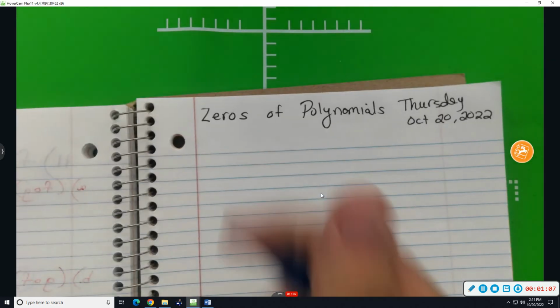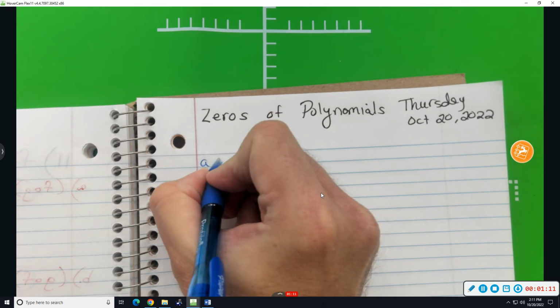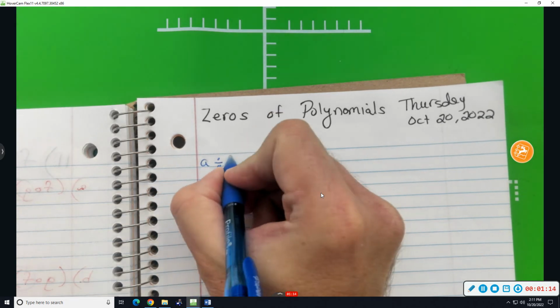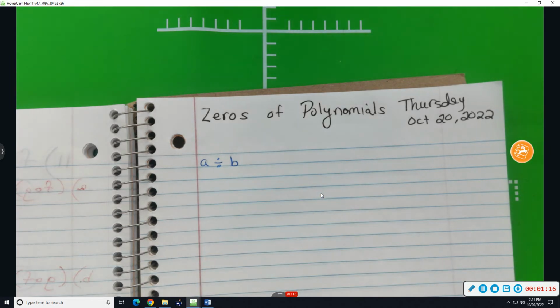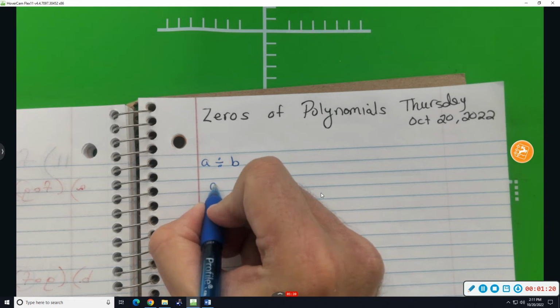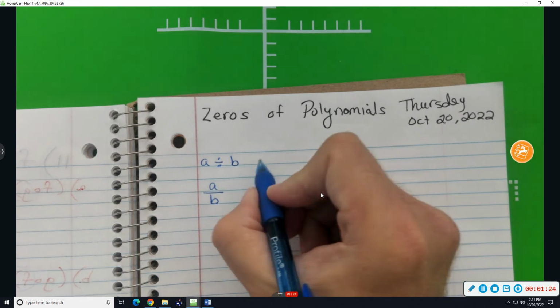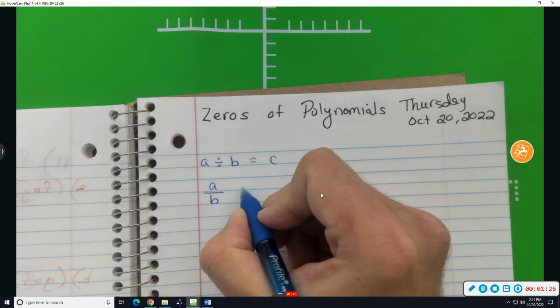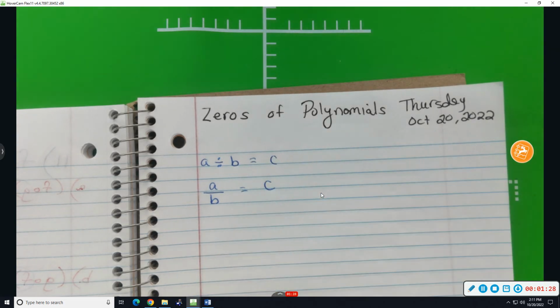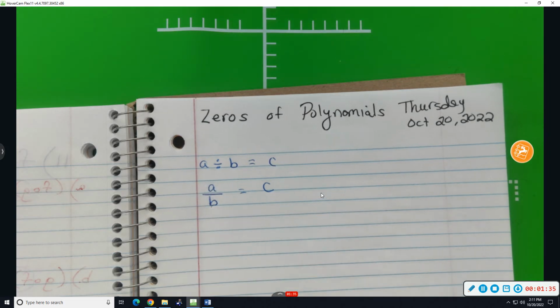There's a couple of ways of writing division. You can use the traditional division symbol, or it could be written with a fraction bar. Regardless of how you write it, there's two ways of writing a division problem, with that division symbol here, or with just a fraction bar.